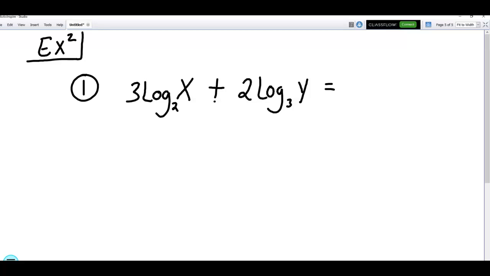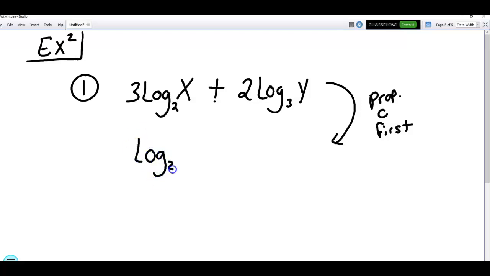Well, the first thing we're going to do is apply property C first. That means wherever you have a number in front of your log, you're going to write that as a power. So this is going to be log base 2 of x to the third power.